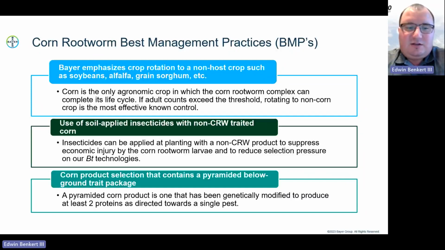And then the other third option is, if we're still using a single traited product to manage corn rootworm, we really want to move away from those and switch to a pyramided product like a SmartStax or a SmartStax PRO, just because multiple modes of action present within the same hybrid are going to provide a lot better management and protection than relying on that one single trait.